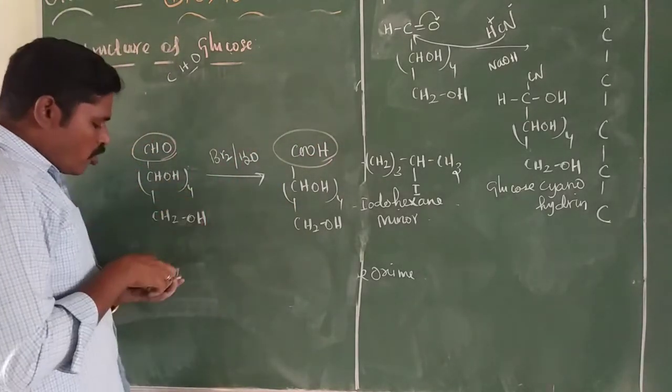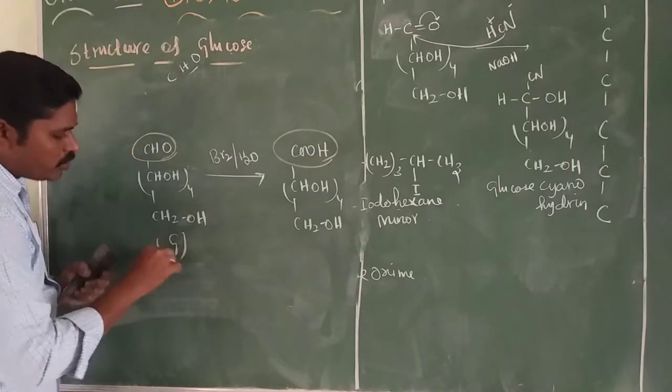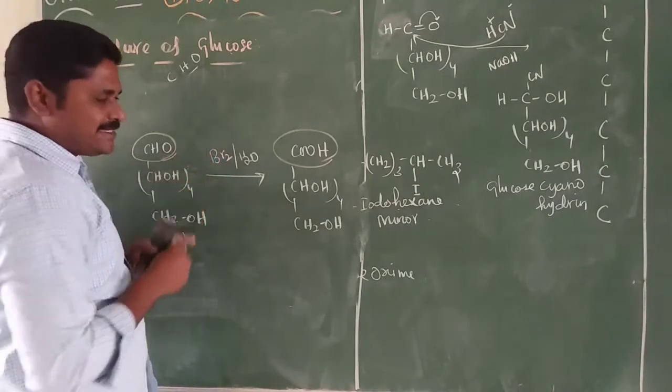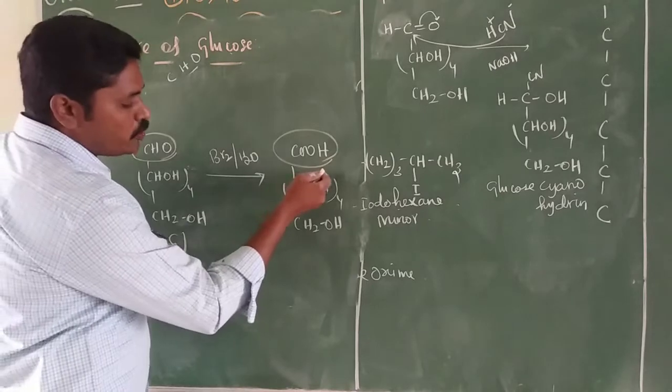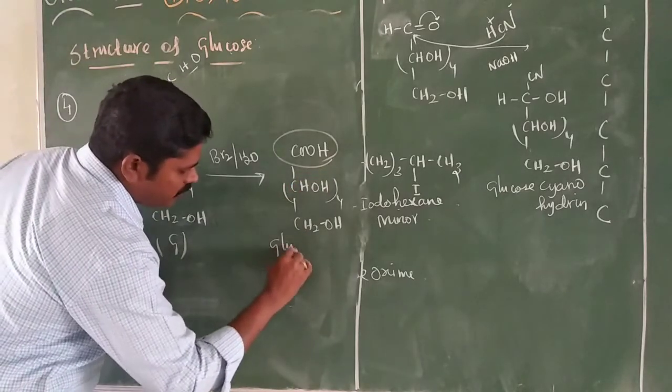So glucose oxidized with the mild oxidizing agent gives gluconic acid.